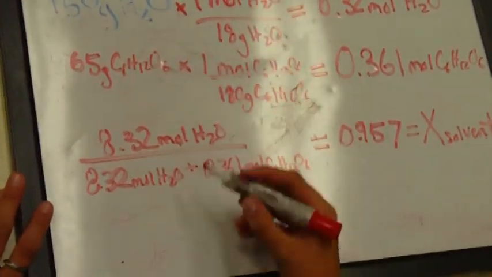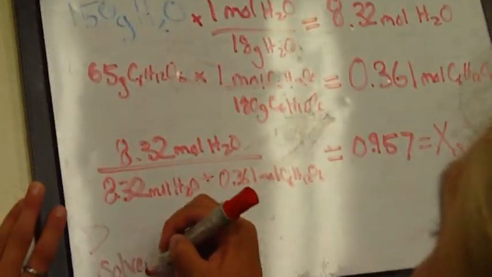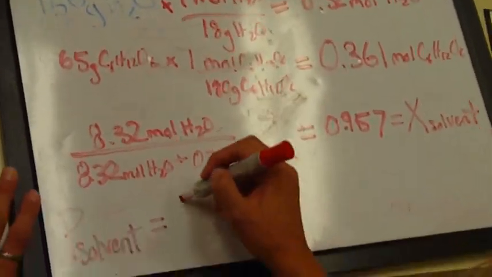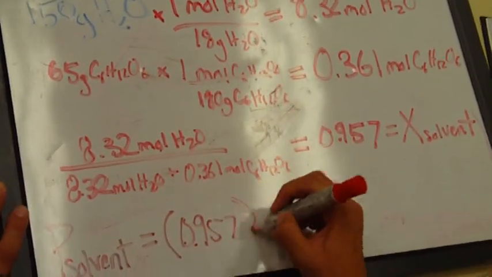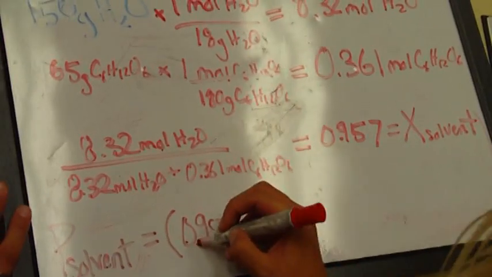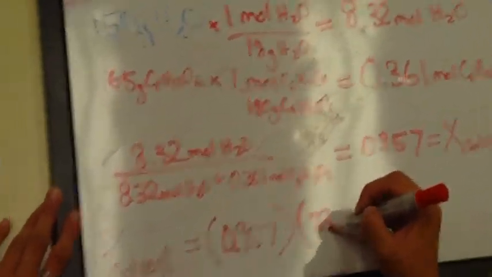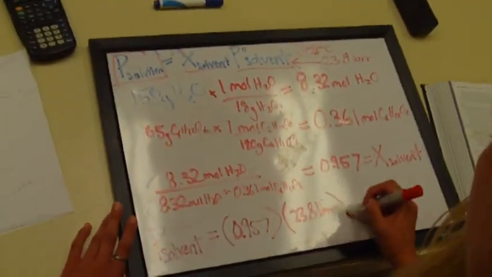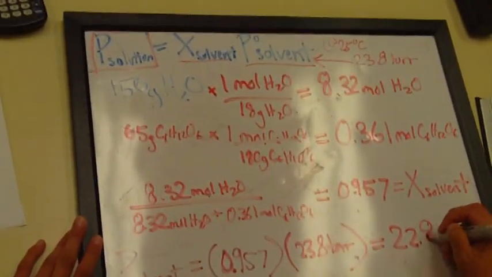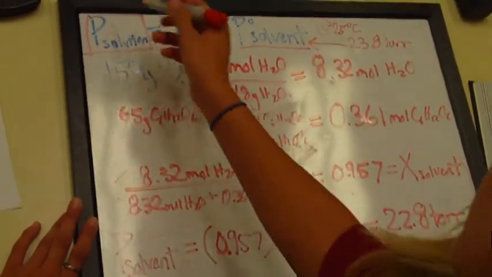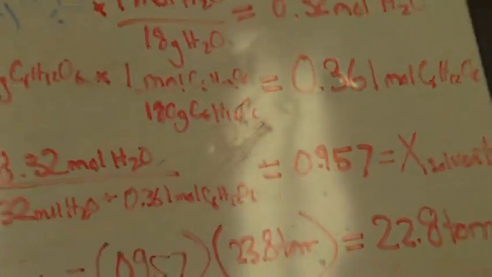We plug in 0.957, our mole fraction, times 23.8 torr, our vapor pressure, and we end up with 22.8 torr for the total pressure of the solution. And that is number 58.